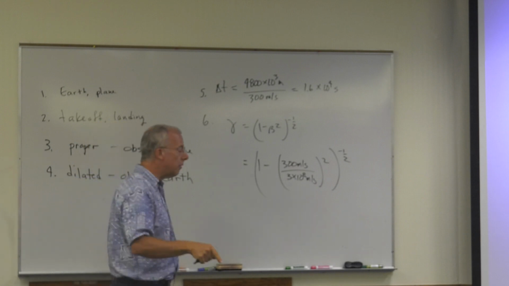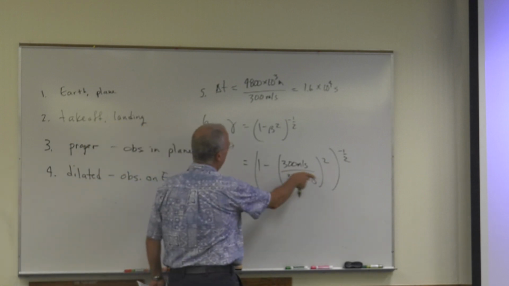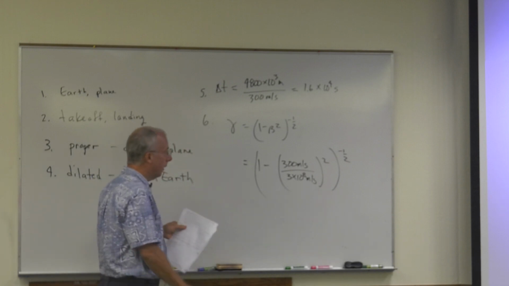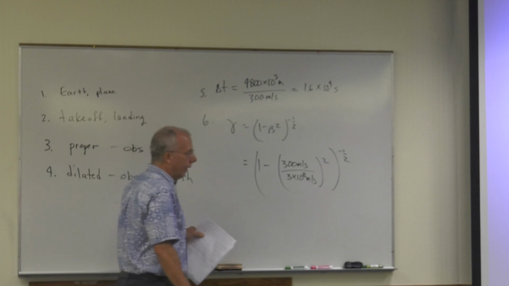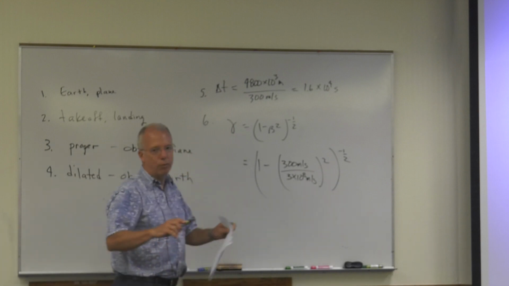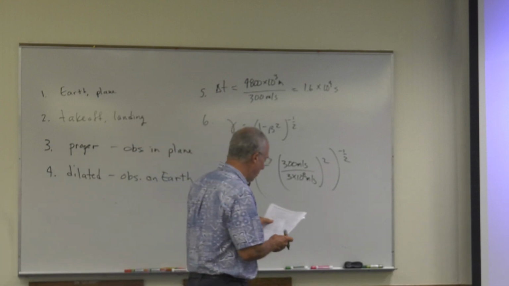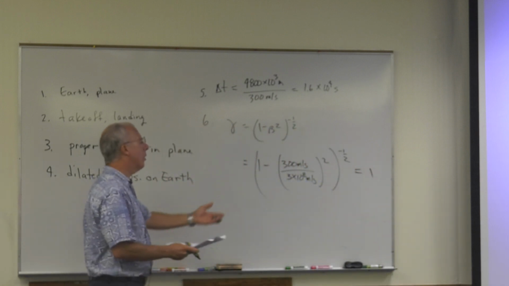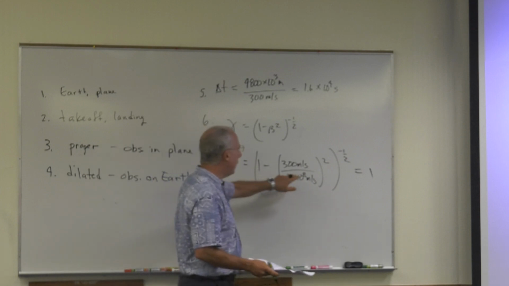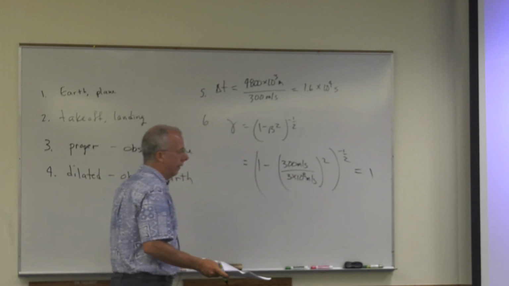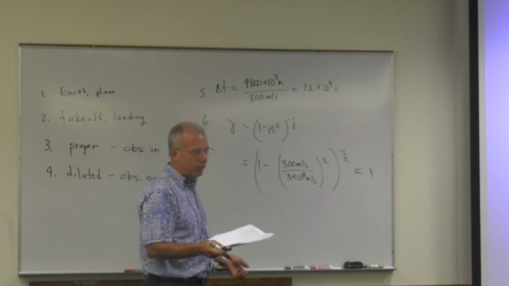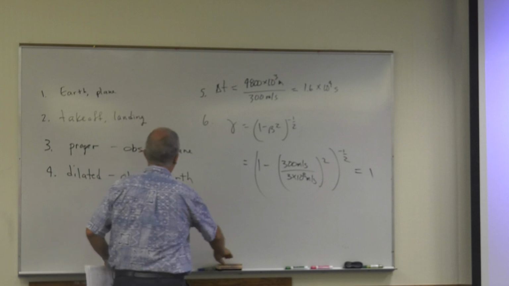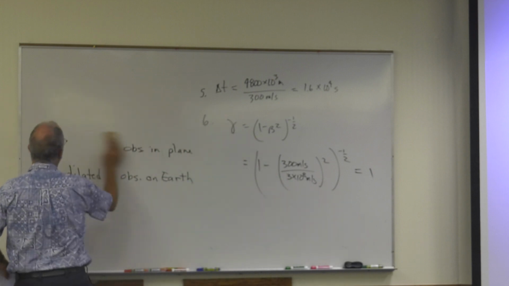Please pause the video, use your calculator, and figure this out. If you have a normal everyday calculator, you either got an error or you got 1. Now you know it's not 1, because it's 1 minus something. So what's the problem? The problem is that your calculator doesn't have enough digits. So that's why we have to learn a math trick.